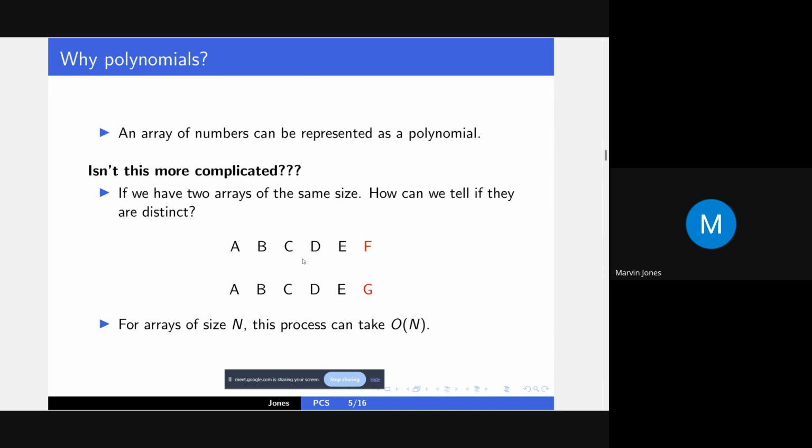I mean, okay, when we're talking about 6 entries, yeah, that's going to be quick no matter what. But the difference could have been the first entry. The difference could have been the third entry. Or it could be at the very end of the list, as this example shows. So you have to go through the comparisons on each entry to make sure that they match perfectly. And that takes big O of n.